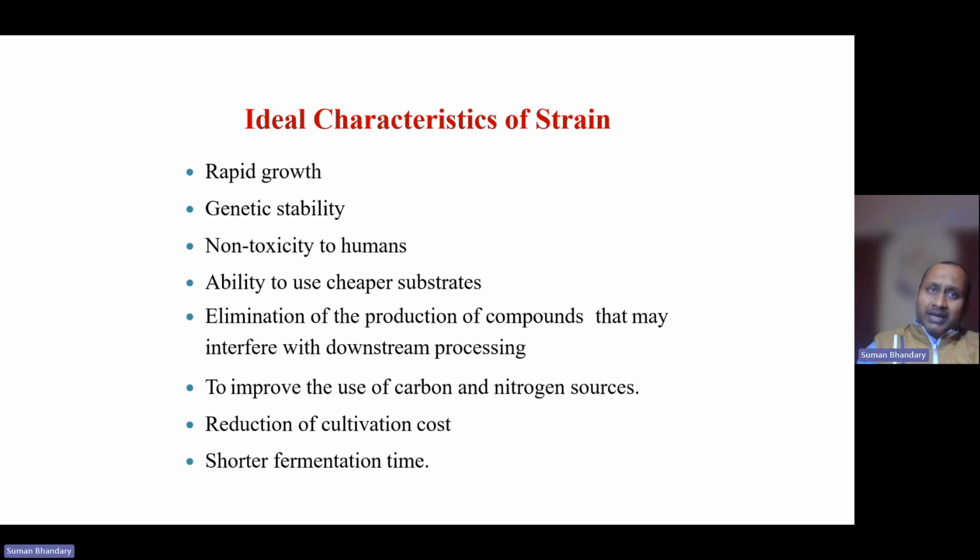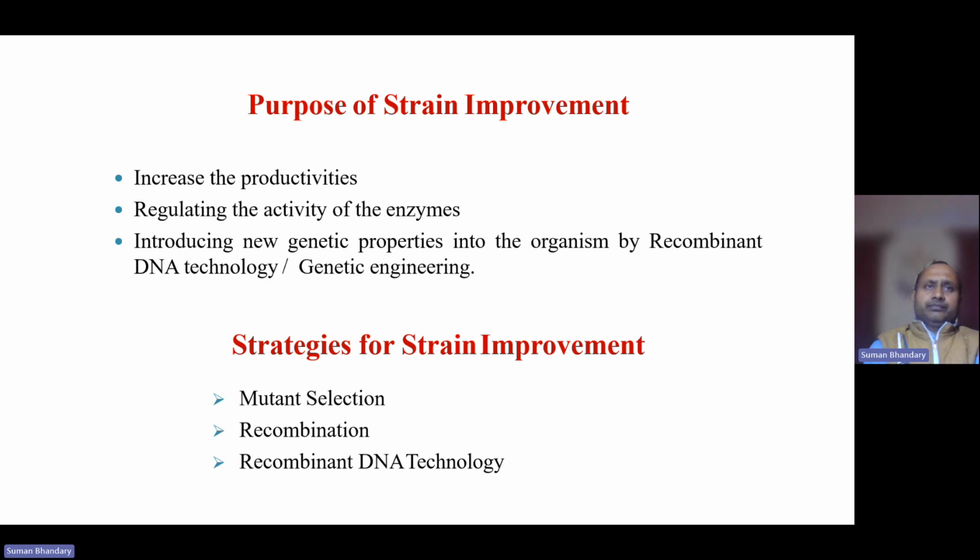Readily harvested from the fermentation tank, and if they are producing any intracellular product, we can readily break the cell. So these are the characteristics, and if a particular microbial strain has this kind of characteristics, we can consider that particular strain as an ideal, industrially important microbial strain.